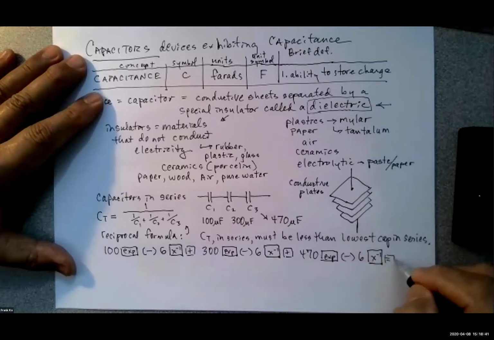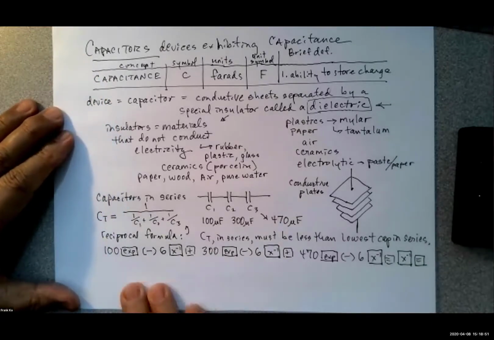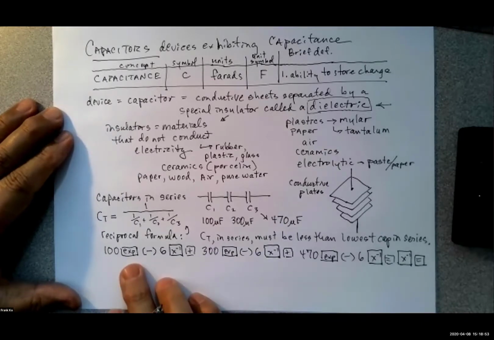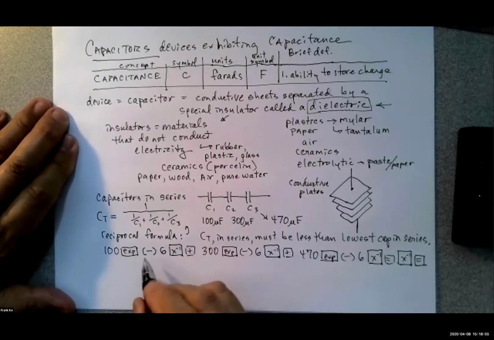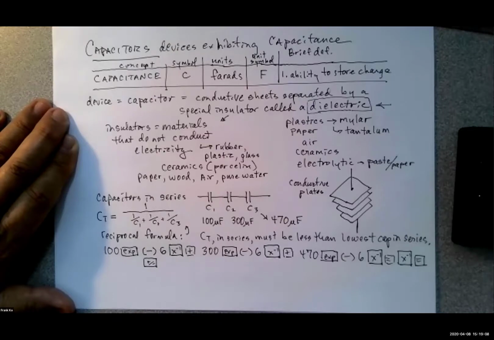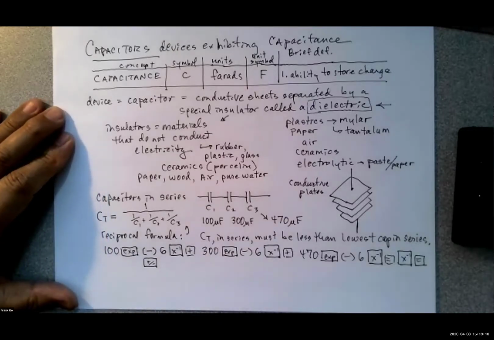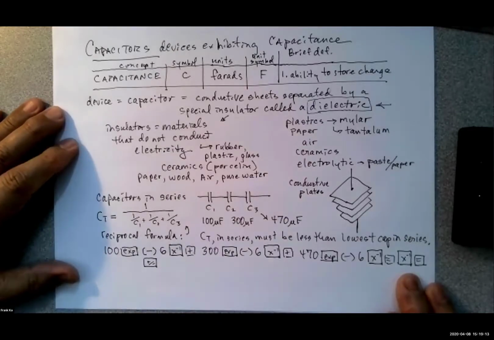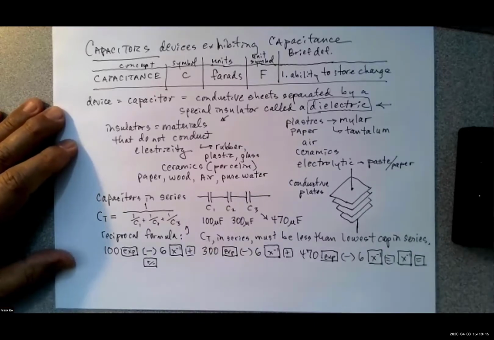Then you hit equals, you hit reciprocal one more time, and you hit equals one last time. So if you go to do that keystroke sequence, and again on your own calculators, instead of the change sign being in parentheses, some of your change sign keys might be a plus/minus, like that, okay? So however it works on your calculator, you know that it's got a total less than 100 microfarads.